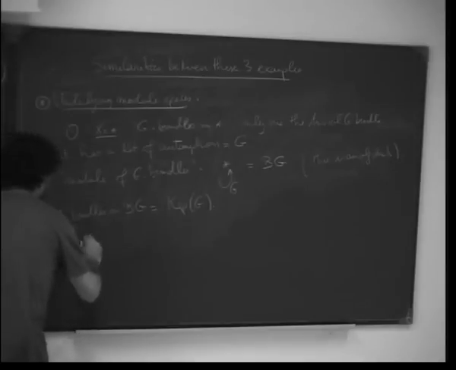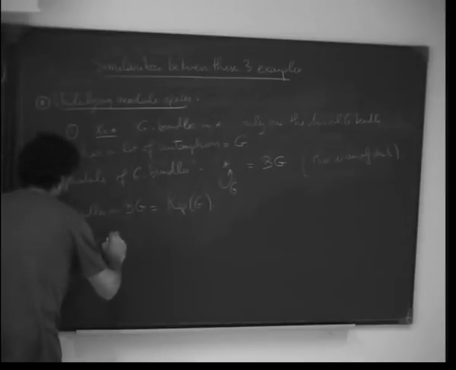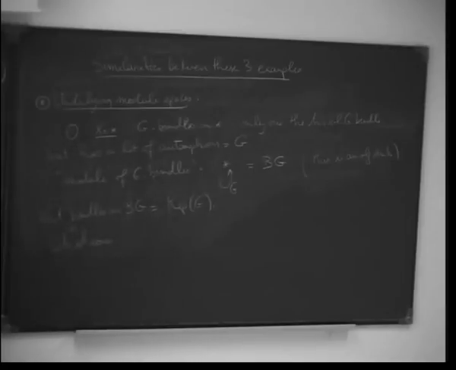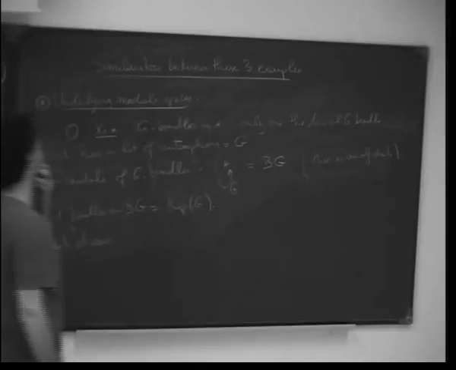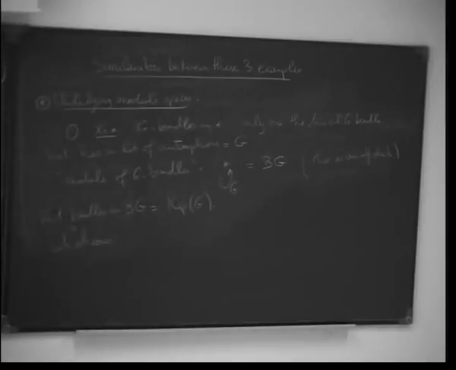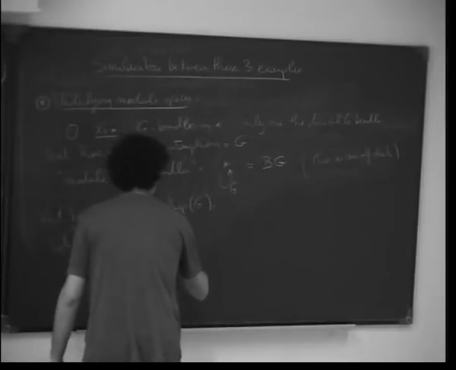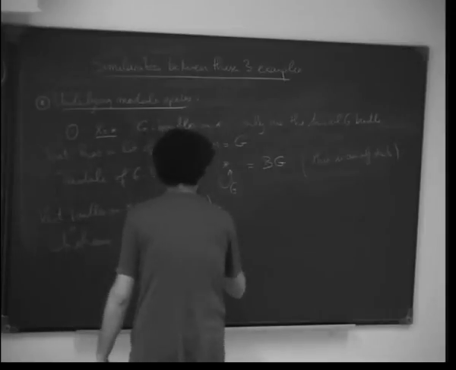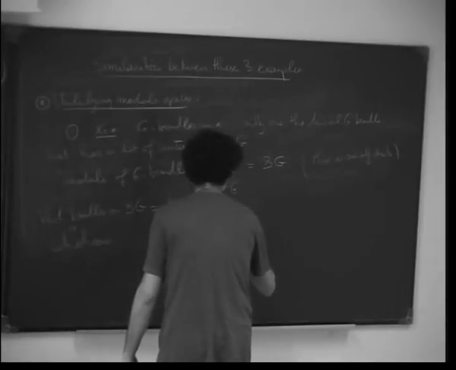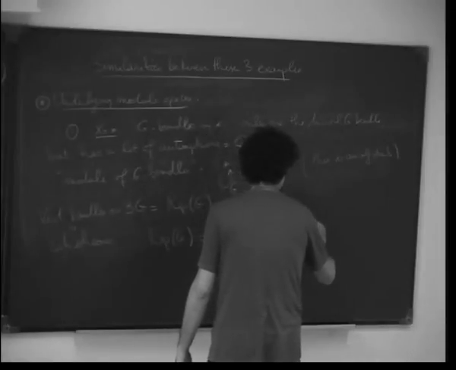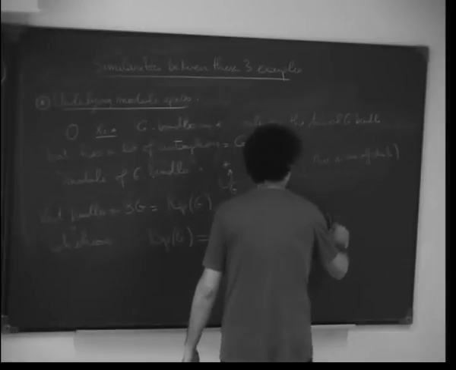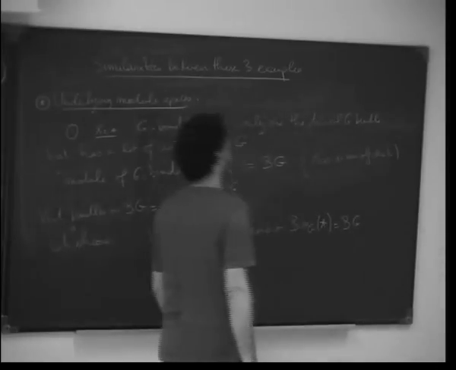It doesn't really matter. Here, these are the same. So Rep G appears as the category of sheaves on the moduli space of G bundles on the point. That's the comment I wanted to make: Rep G is just coherent sheaves on Bun-G over the point, which is this algebraic stack BG.